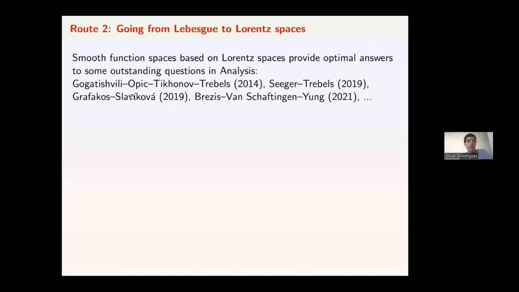Or Grafakos and Slavíková obtain sharp Hörmander multiplier theorems via Lorentz-Sobolev spaces. Or much more recently, Brezis, Van Schaftingen, and Yung obtain an interesting characterization of standard Sobolev spaces without invoking derivatives, going from L^p to weak L^p in the corresponding Gagliardo seminorms.